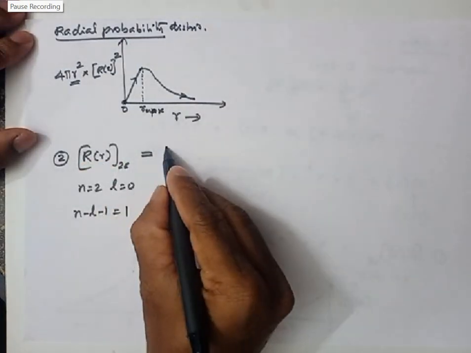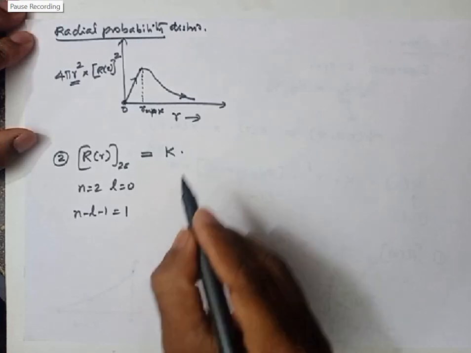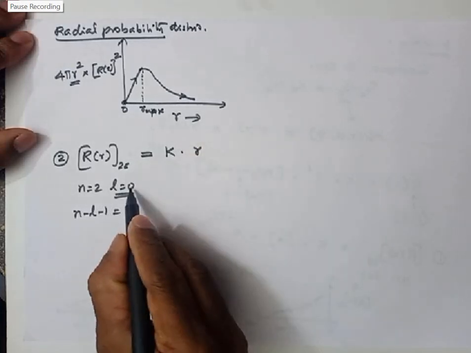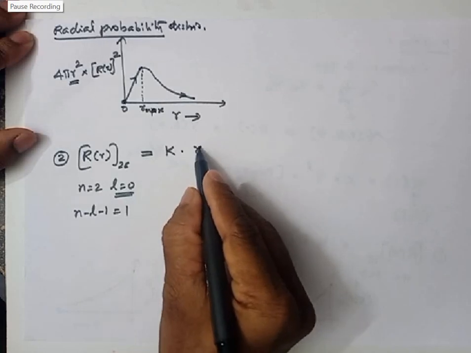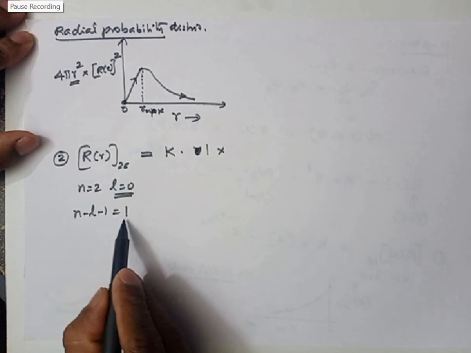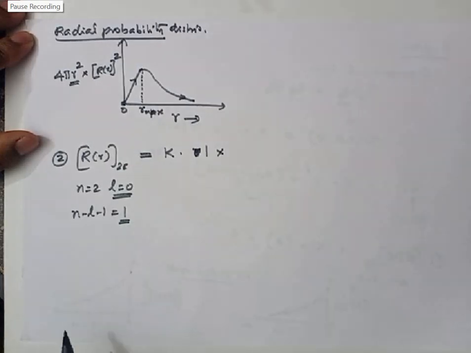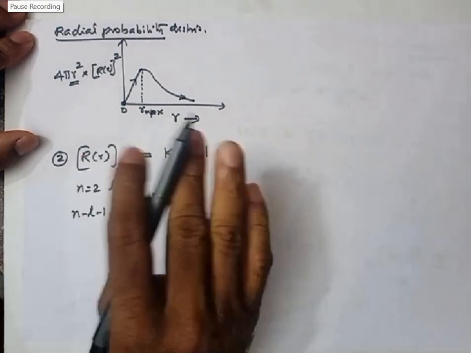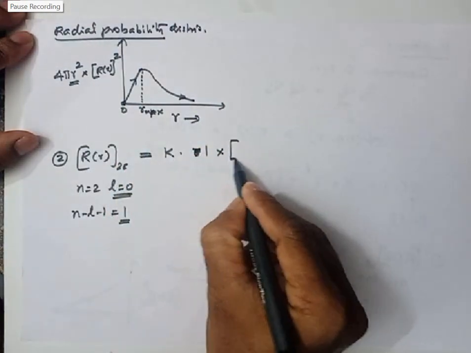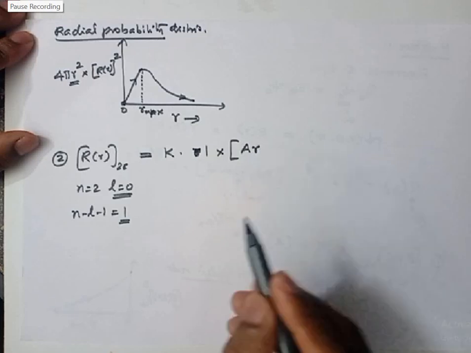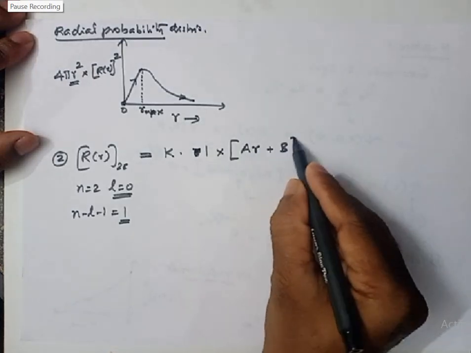So now, how does this wave function look? In the wave function, some constant k into r power l. Sorry, l value is 0, so r power 0 is 1. So I'll put 1 here, into a polynomial, since n minus l minus 1 is 1. That means the degree of the polynomial is 1. The meaning is you take some constant a, multiply it with r, plus another constant b.